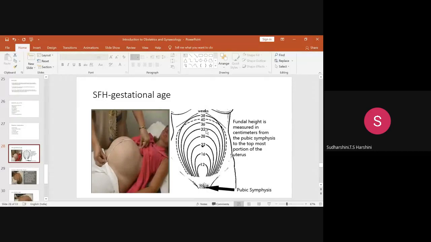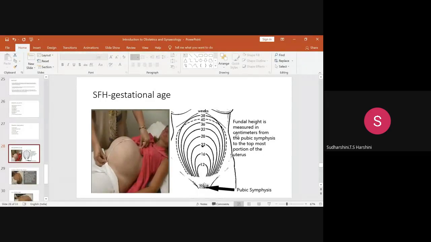Slowly you will palpate, and if the first resistance is felt in this area, then it corresponds to 28 weeks. So you will tell us the fundal height corresponds to 28 weeks, and with a pen you will mark that area.